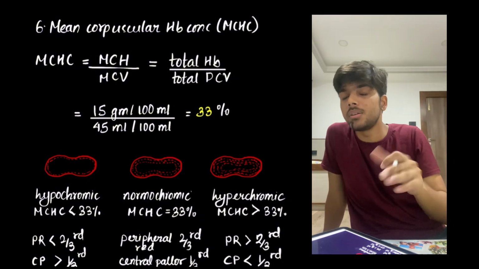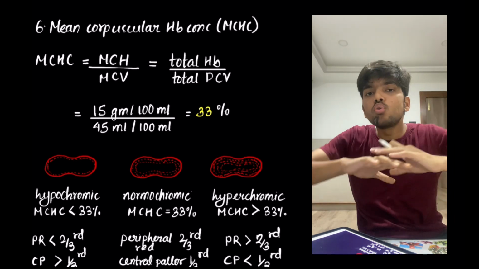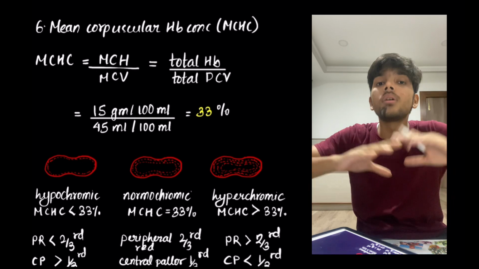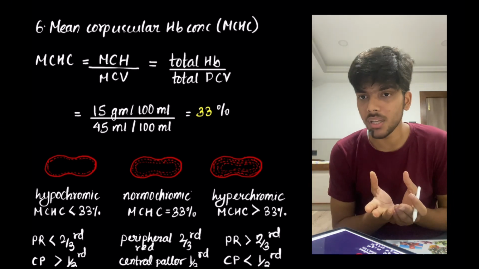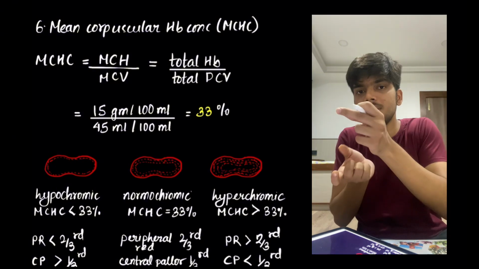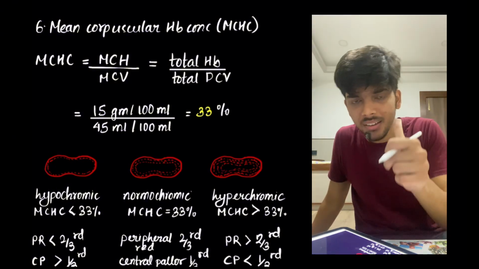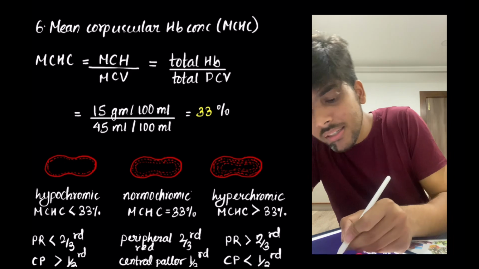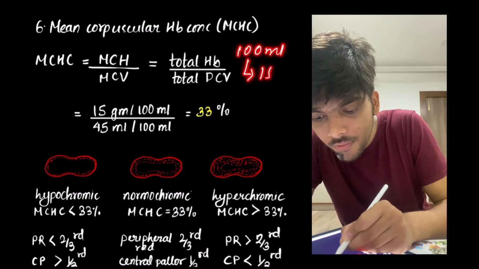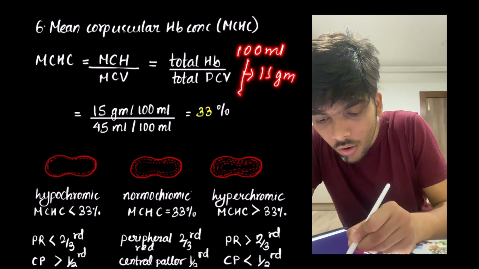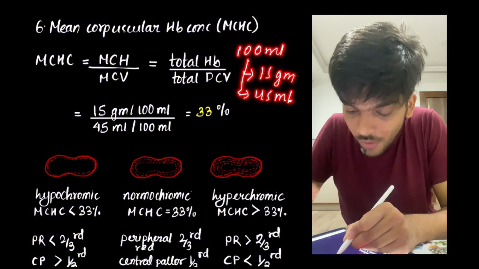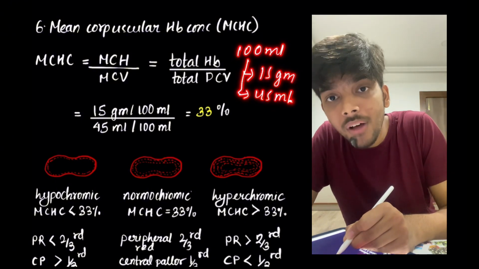In other words, you can say take out total amount of hemoglobin in blood divided by the total volume of red blood cell. So in unit volume of red blood cell, how much hemoglobin is there, you are going to find it, right? Okay, so let's say you have taken 100 ml of blood. 100 ml of blood contains 15 gram of hemoglobin, and it also contains 45 ml, 45%, of volume of red blood cells.